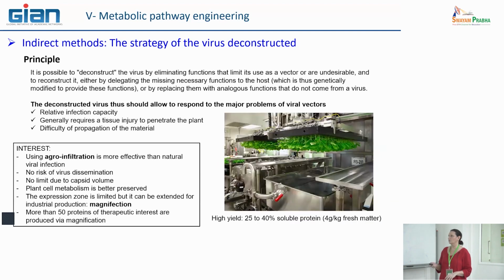And there are lots of examples of this type of vaccine production, because you can see here more than 25 to 40% of the soluble protein could be your recombinant protein. So it's the best way to produce recombinant protein. It's also a way to produce enzymes involved in metabolic pathways if we want, for example, to study some of their characteristics.